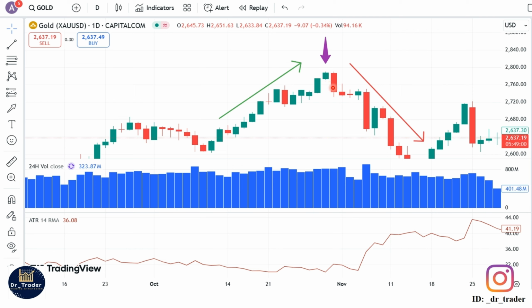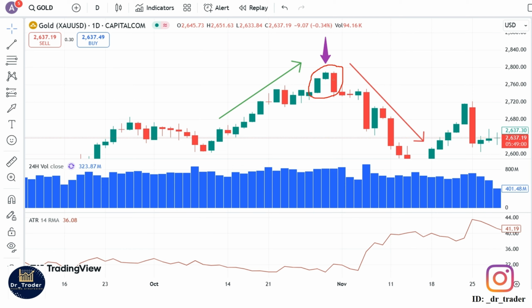And suddenly the market sees these evening star, and we can see that this is the green candlestick. This is the shooting star. This is nearly, it is not shooting star, but we can consider it as a shooting star.